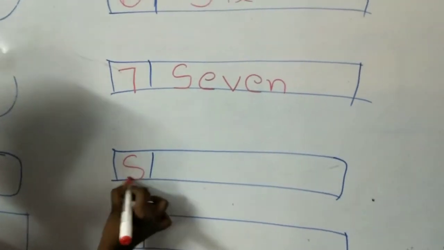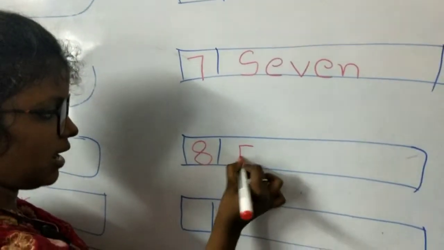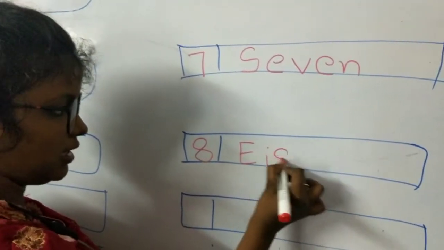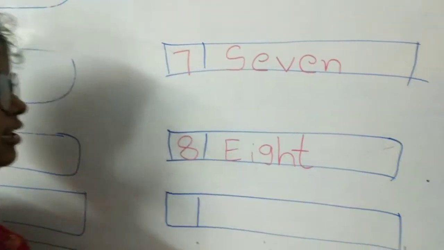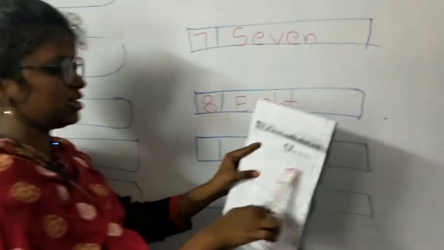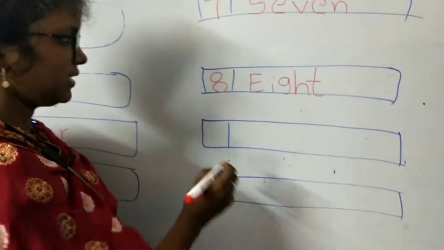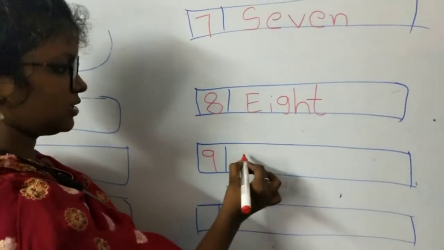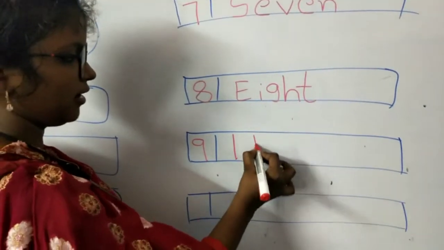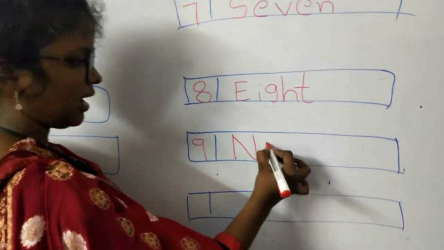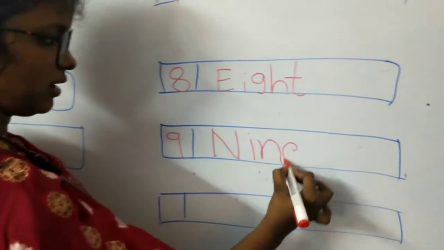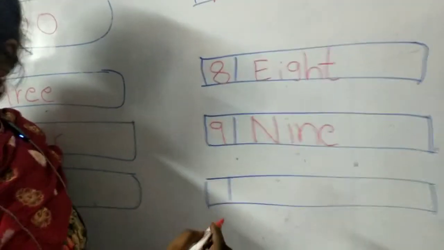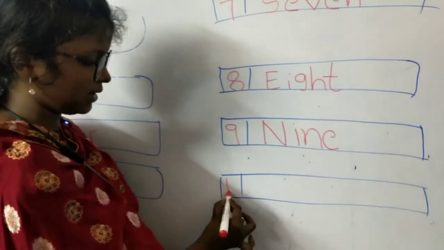Next, 8. EIGHT. Write neatly with your pencil, children, in this box. Next, 9. What is the spelling of 9? NINE, 9. And next, what is the next number? 10.